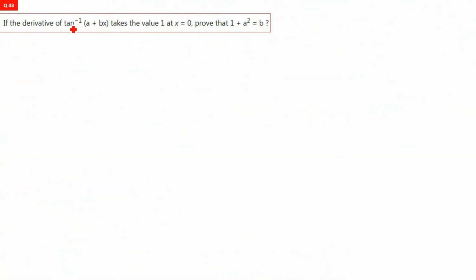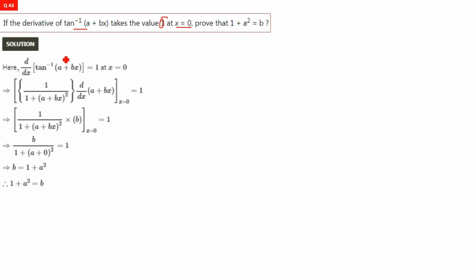If the derivative of tan inverse of a plus bx takes the value of 1 at x equals 0, prove that 1 plus a square is equal to b. Now, at x equals 0, the differentiation of this particular thing will give you some value, and that value has to lead to 1 plus a square equals b. The better way is to solve it normally.